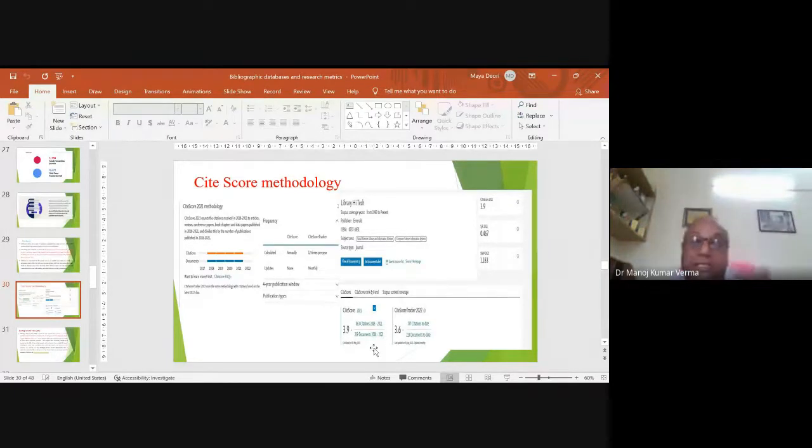So when we divide, we found the value 3.9. And in the same way, if you want to calculate for 2022, then 772 citations were received in 2022 till now, presently, and 213 documents were published in this journal in the last 4 years, so the value is 3.6.